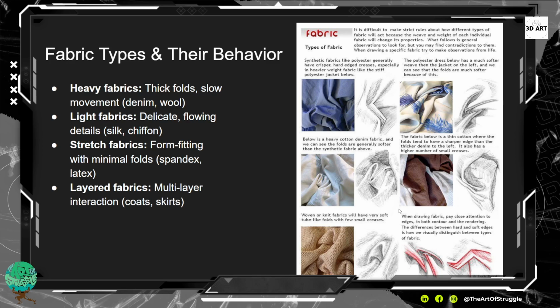We've got heavier fabrics. These are thick folds, and they're slow moving. Think denim, wool, burlap. Light fabrics are delicate and flowing, like silk and chiffon. These are very light, airy fabrics.